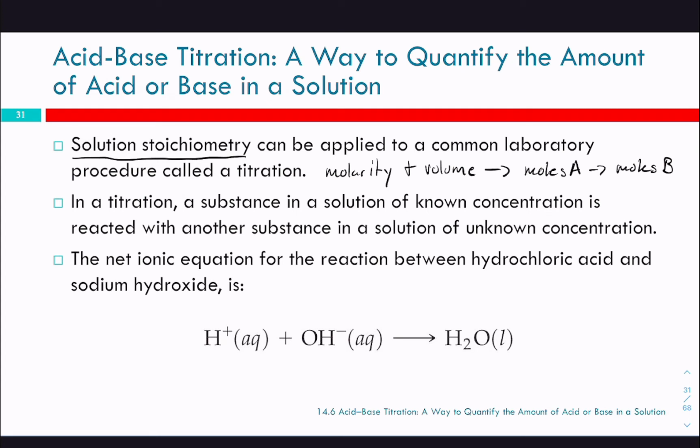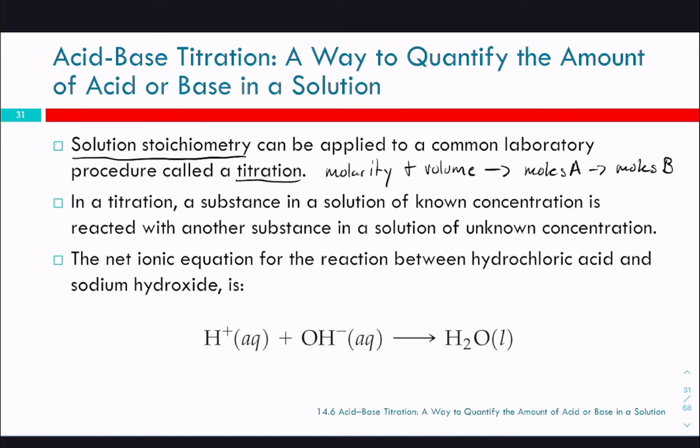When it comes to acids and bases, this is called a titration. So titration is where we use a concentration of a known acid or base. It doesn't even have to be an acid or base, actually. But we use a known concentration of some solution, and we add it to a solution of unknown concentration, knowing that some reaction is going to take place.